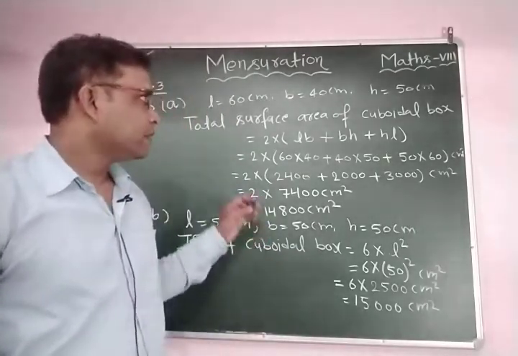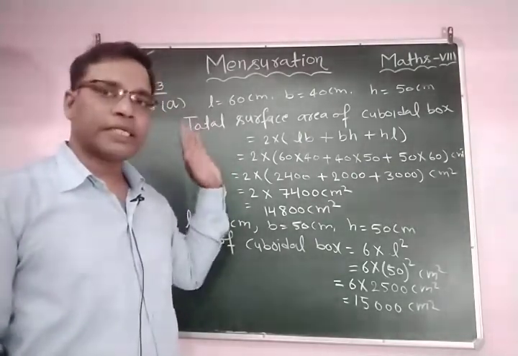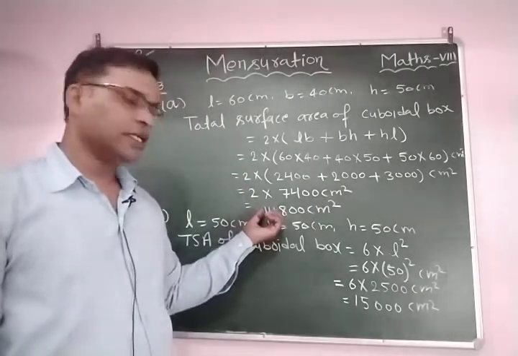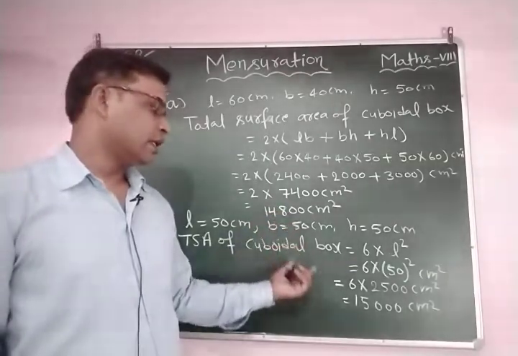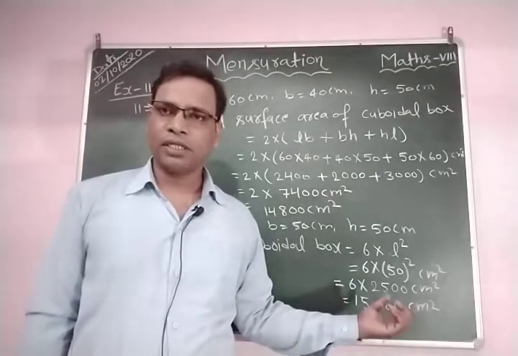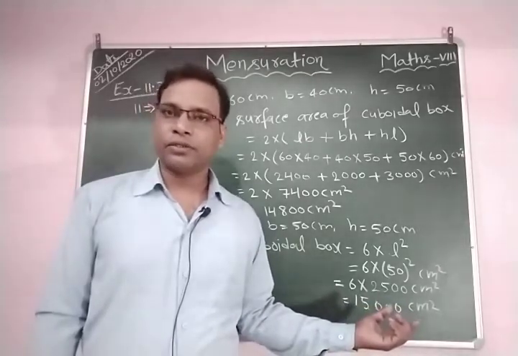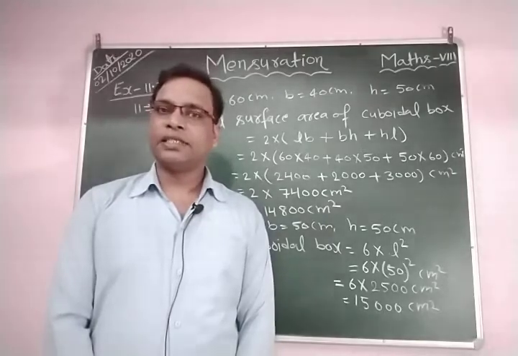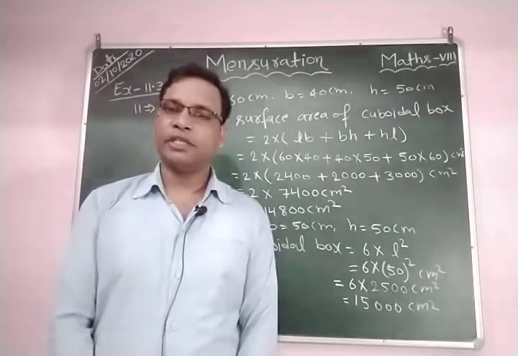Okay, because first you find the total surface area of cuboidal box A, and after this you find B, and you can see the area of box A is 14,800 and the area of box B is 15,000 centimeter squares. If you compare them, you obtain that 15,000 is greater than 14,800. So you can say box A requires the lesser amount of material to make.